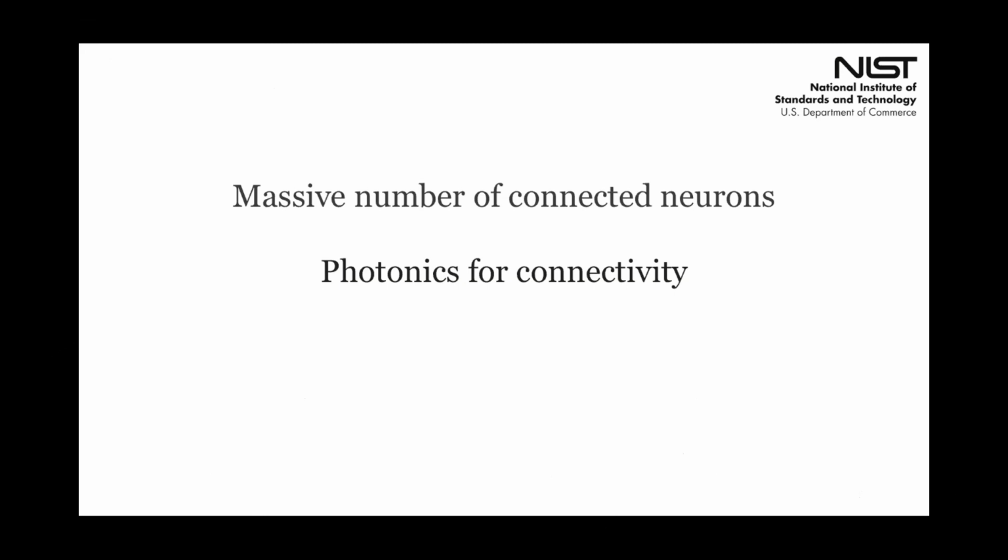But one of our theses is that CMOS hardware may not be the best hardware for neuromorphic computing. One of the reasons we think this is that one of the big differences between your brain and a computer is the huge number of connections between processing units or neurons. In your brain, a neuron can be connected to 10,000 or even 100,000 other neurons.